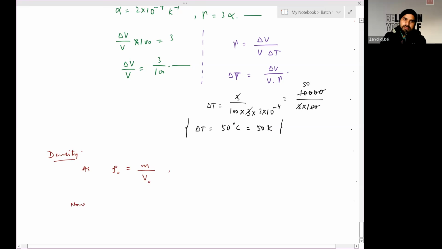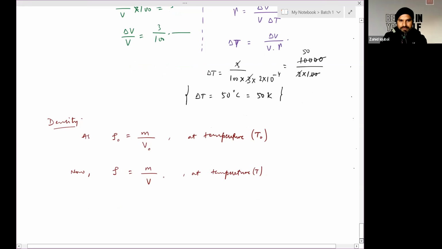Now, on increasing temperature, density equals mass by volume. Initially it is at temperature T0, and at some later temperature T, we have to calculate.